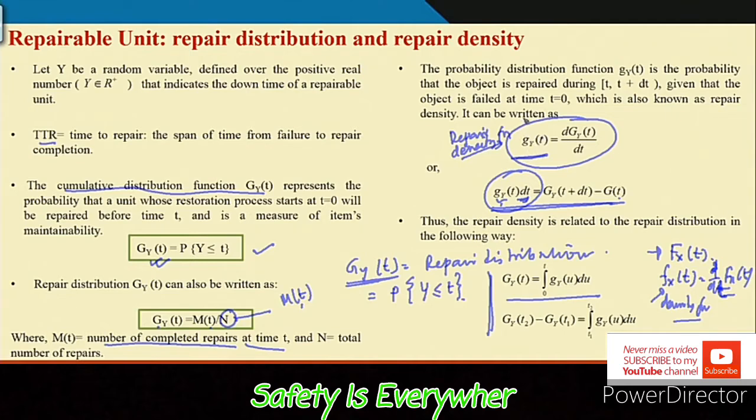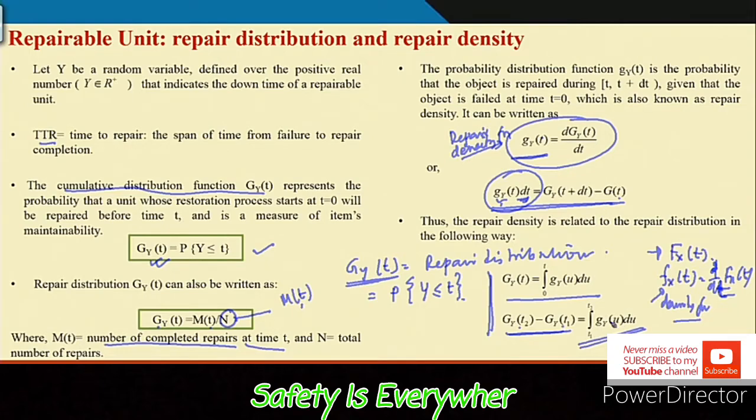And if you take the derivative, the right-hand side will be g(t). Now, again if I have two different times, t1 and t2, and ask what is the probability that the component will be repaired between t1 and t2, then you also can find that from this equation.